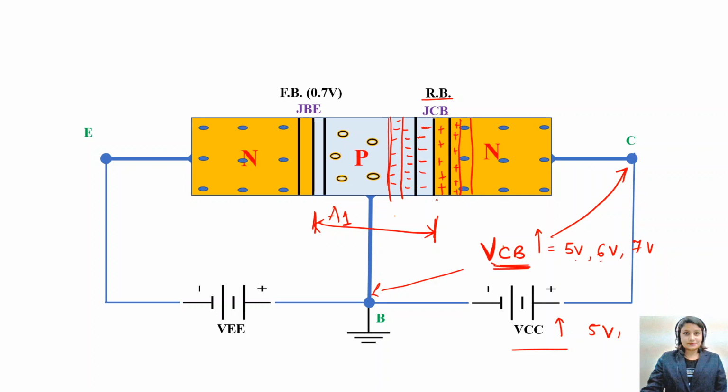Can you see the region is penetrating more into the p type base? Because of this reverse biasing, the depletion region widens.